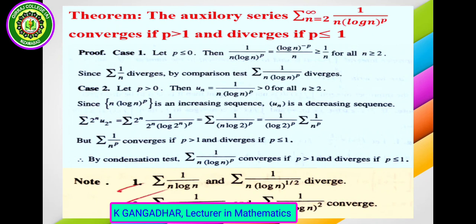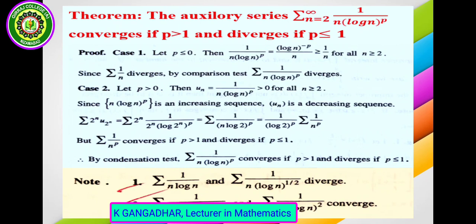If p is greater than 0, then u_n equal to 1 by (n log n) whole power p is positive, so sigma u_n is a positive series. Here (n log n) whole power p is an increasing sequence, so the sequence u_n is decreasing.